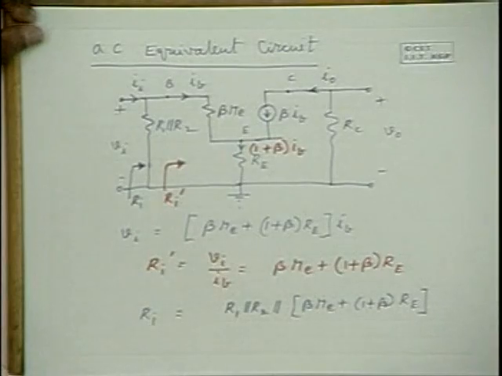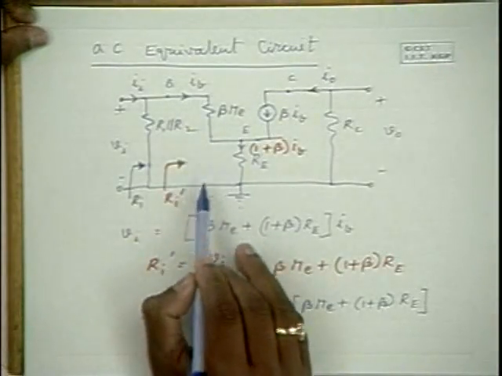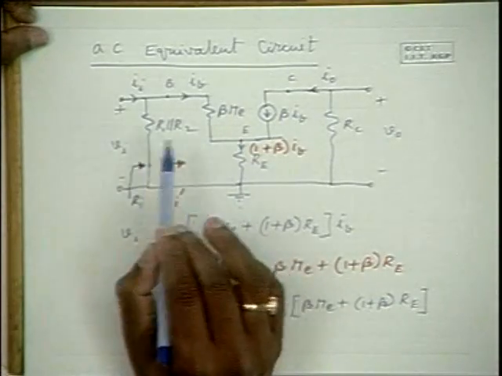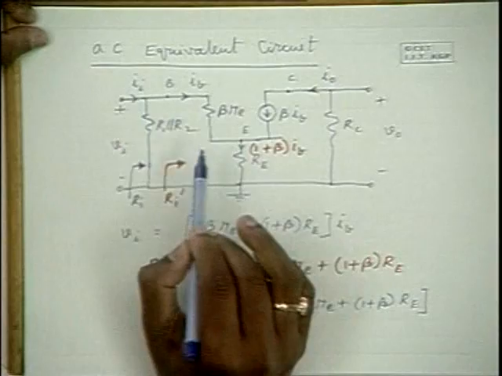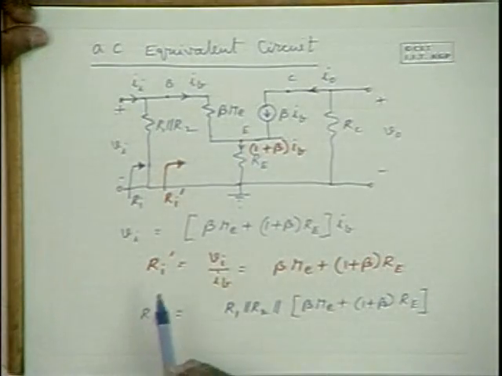So this is the expression for the input impedance. I have given it in a short manner. Please note that once you have the resistance equivalent here, you can find out the current division, and then Vi by Ii can be determined in terms of Vi by Ib, and you can arrive at this expression.